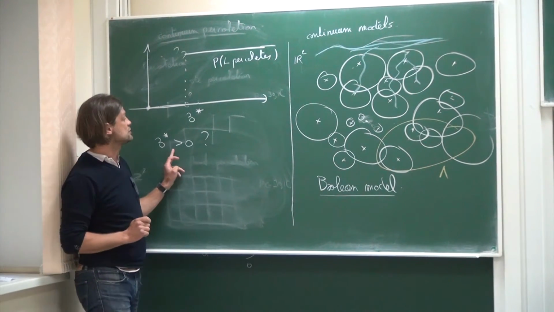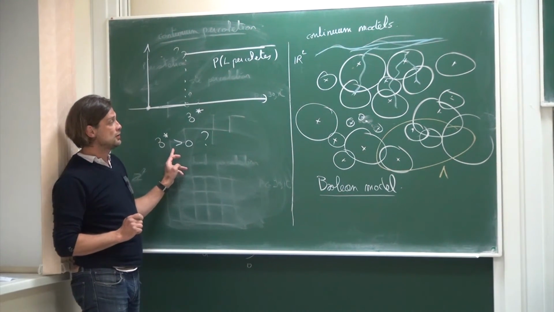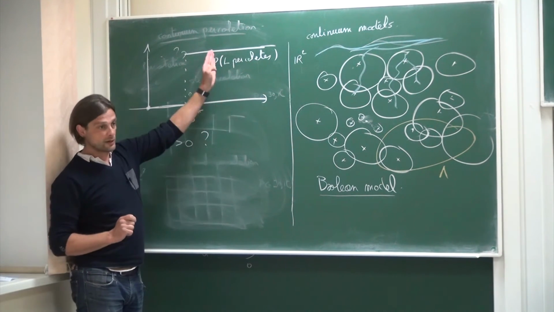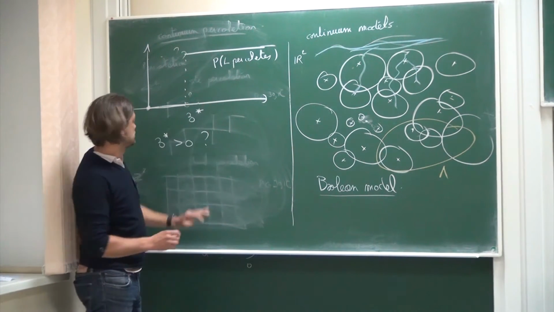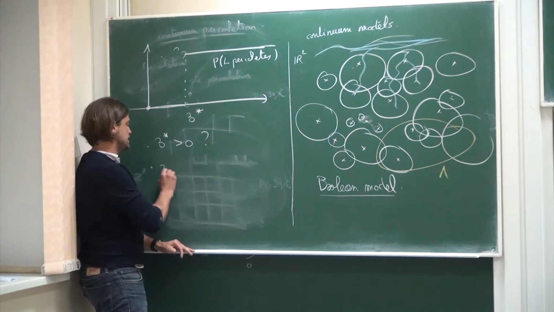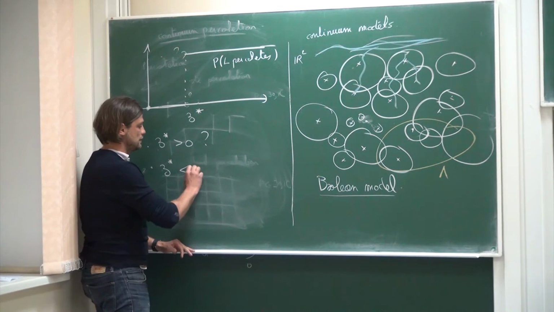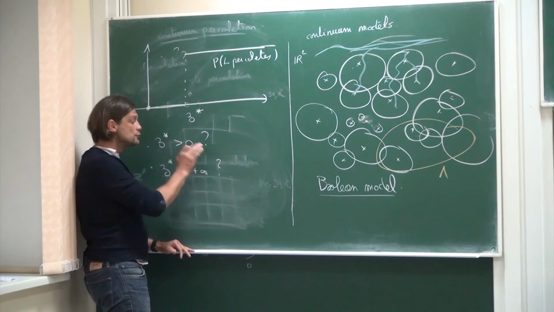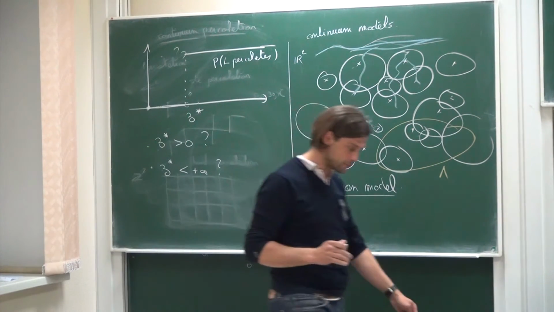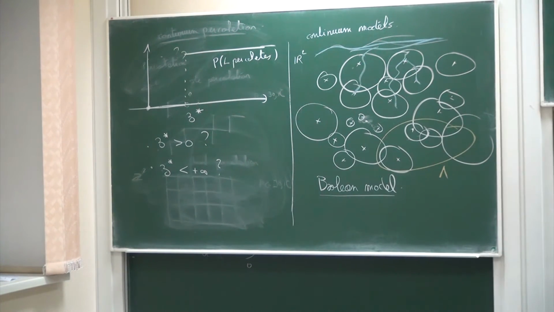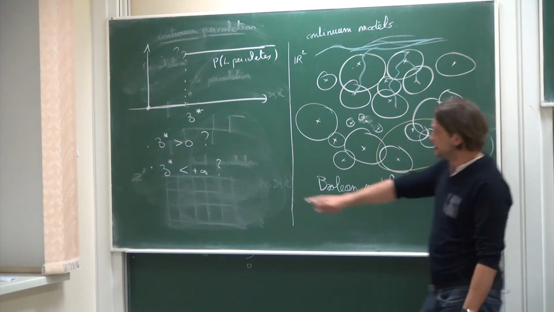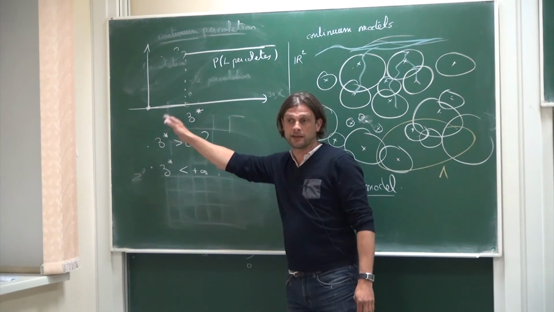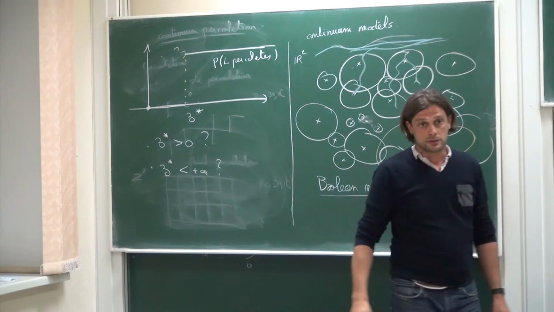So it's the first question. And are we sure that for z large enough we percolate? It's not sure at all that Z star is finite. These are the two main questions in percolation theory, in particular in the continuum: whether Z star is finite, not equal to 0, and so on.